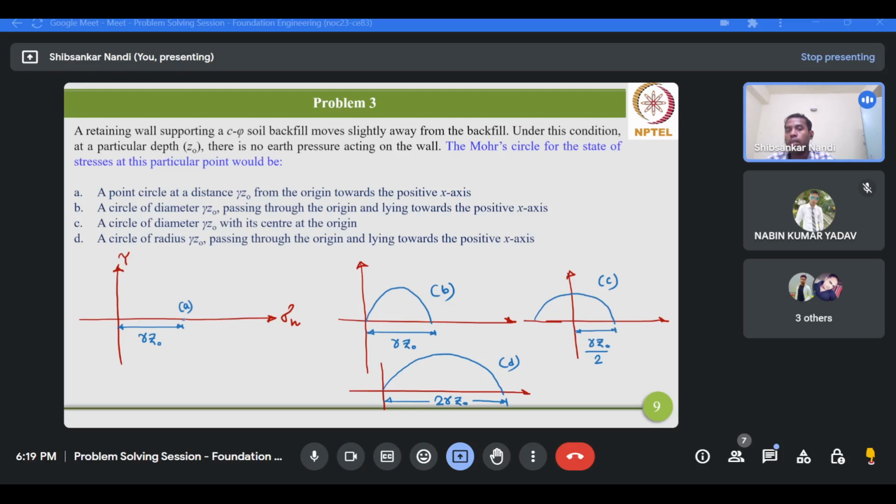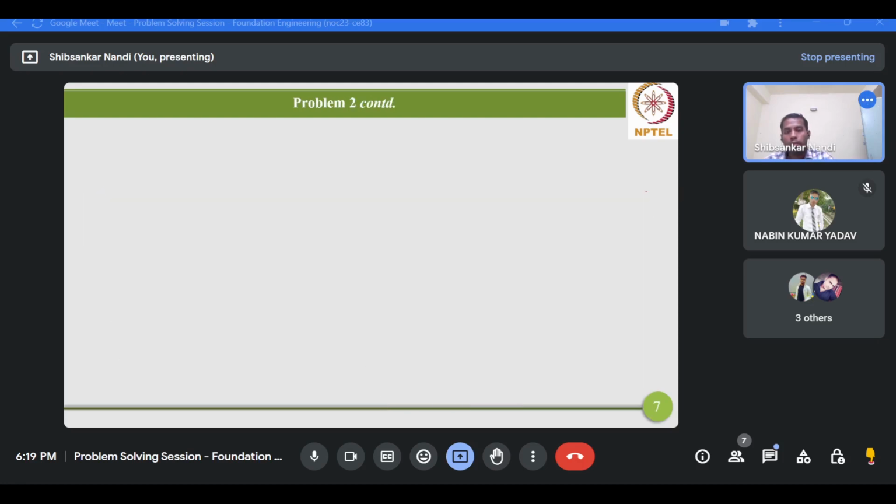And what are the major and minor principal stresses for an active earth pressure condition? As you know, in the active earth pressure condition, the major principal stress is the vertical stress, that is gamma z, and the minor principal stress is the lateral active earth pressure, which you can determine from the previous expression.